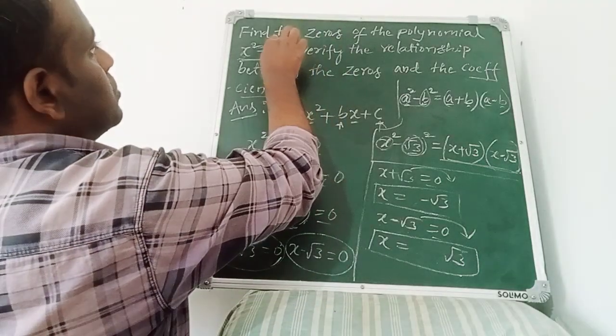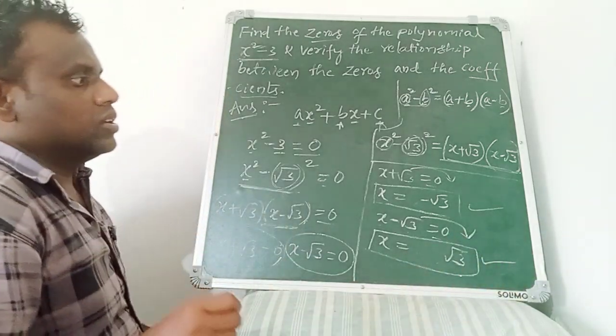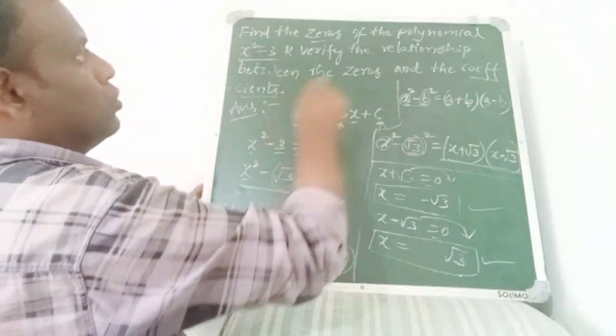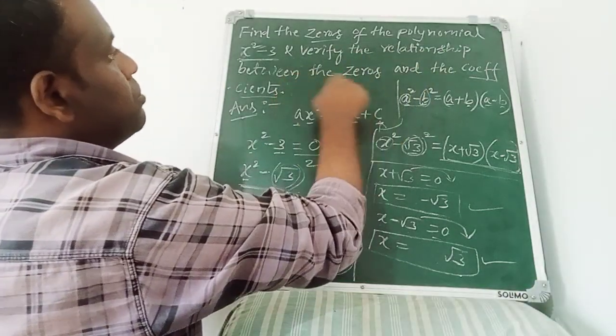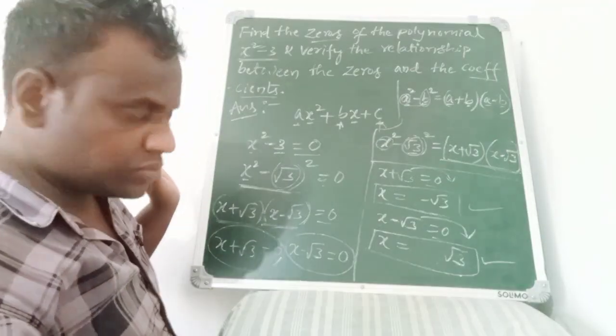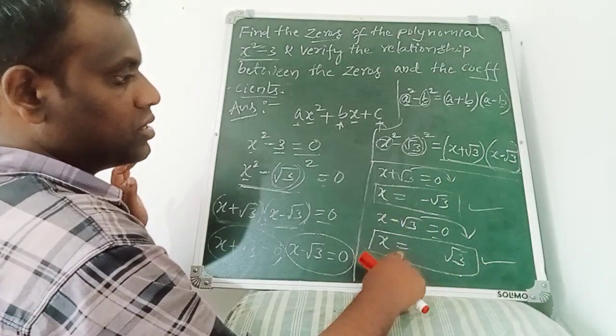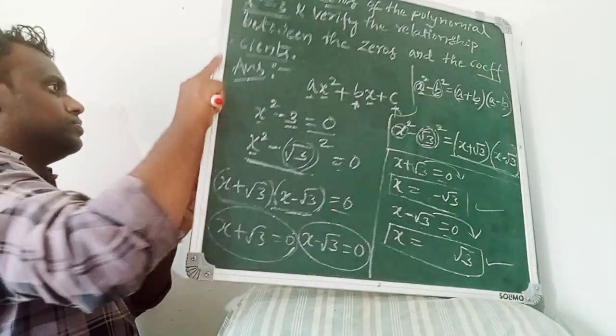So this is done. Find the zeros. So zeros we have done. Now we have to verify the relationship between the zeros and coefficients. That I will show now. These values you remember, x is equal to minus root 3, x is equal to plus root 3.